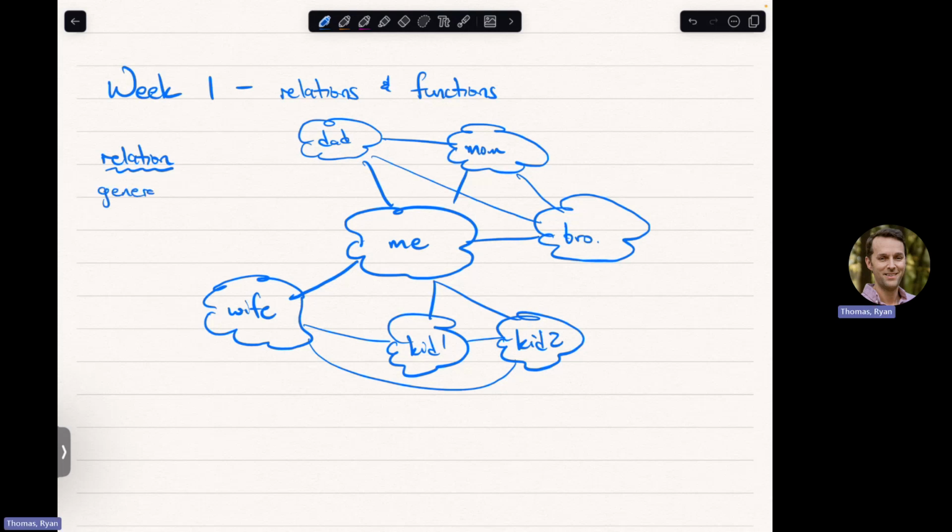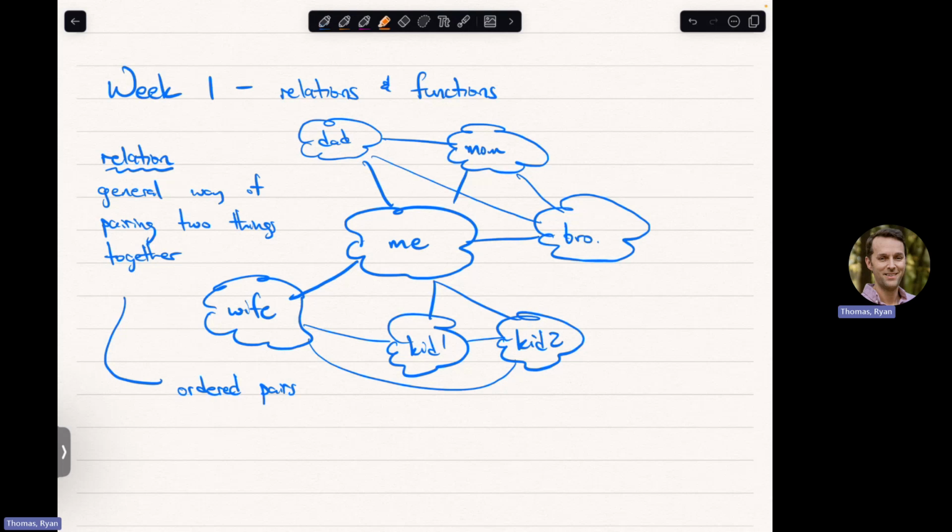So I'll just say a general way of pairing two things together, no extra conditions on it or anything like that. In the math context, a lot of times we will write these as ordered pairs.